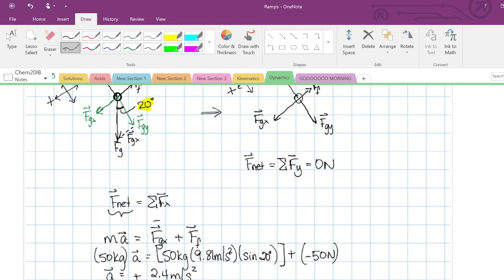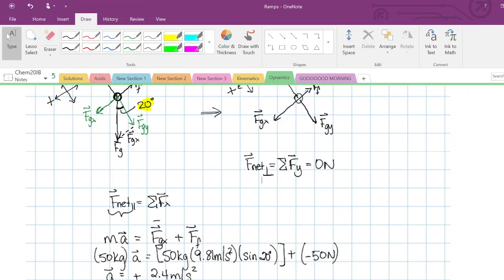So let's put in that parallel, and this one's perpendicular. The force net parallel is going to be the sum of the forces in the parallel direction, which is parallel to the x-axis, or the surface that the object's sliding on. Now we know the object is going to accelerate, so we have mass times acceleration, and the sum of my forces is my force gravity parallel plus my force friction.